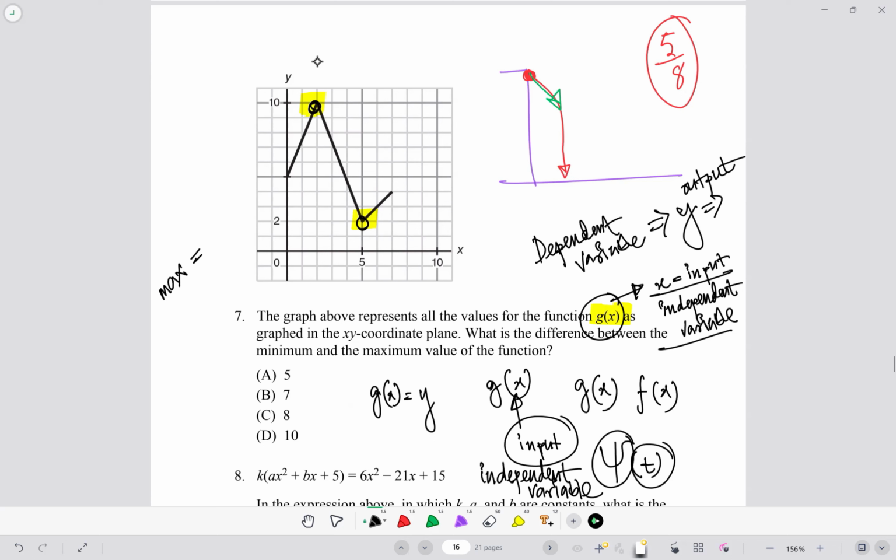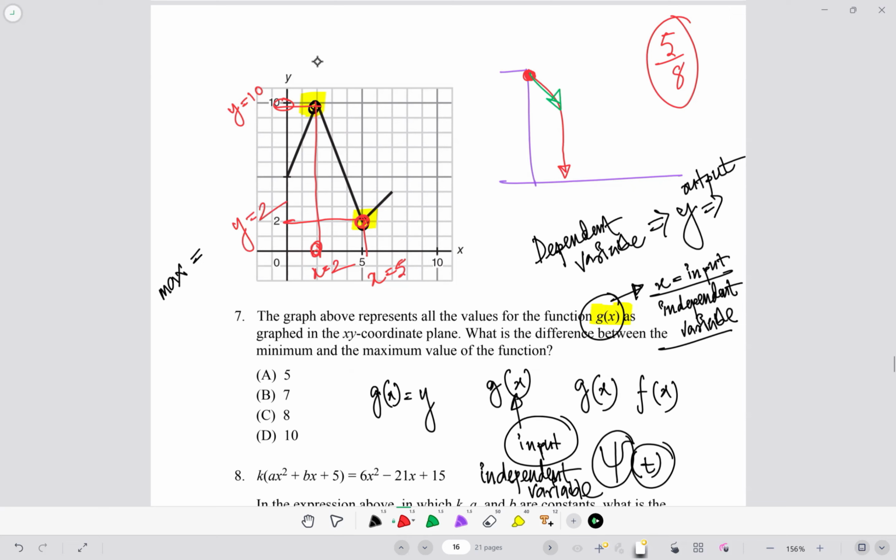This is the maximum y value. This point is x equals 2 and y equals 10. And for this point, x equals 5 and y equals 2.